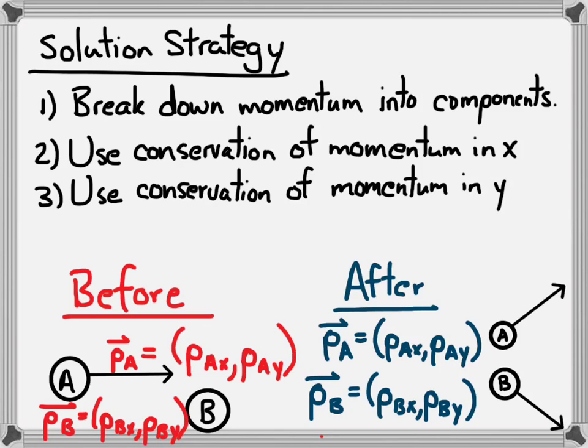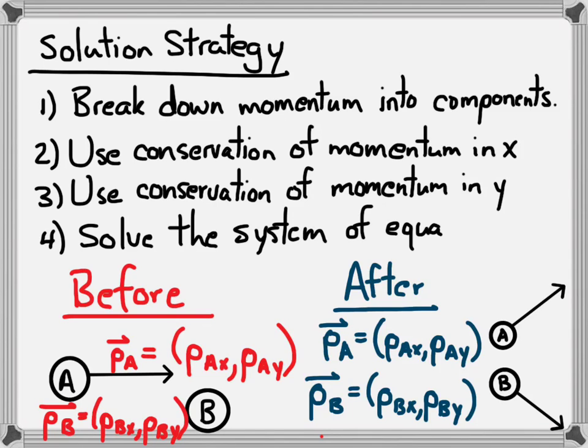When I do these two steps, I am going to end up with two equations and two unknowns, a system of equations that I am going to have to solve in order to find the variables that I'm being asked for. So that's the solution strategy: break down the momentum into components, use conservation of momentum in x, then conservation of momentum in y, and then solve the system of equations.